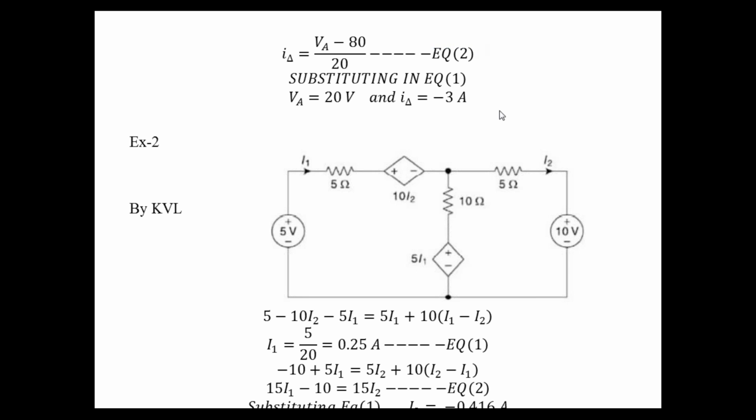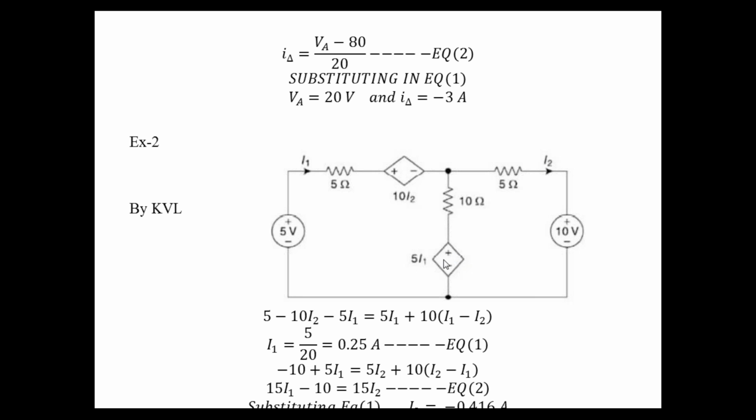Now, similarly, we'll try to solve this problem also. In this problem, we have two dependent sources. The first dependent source is 10I2, where I2 is the current flowing in the 10-volt source.